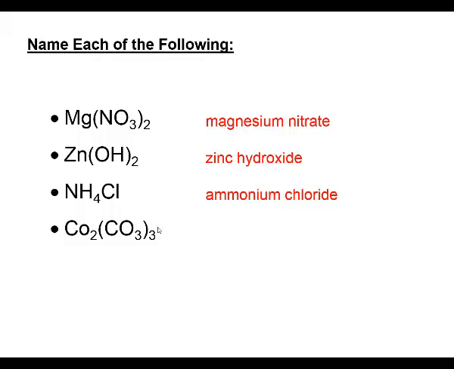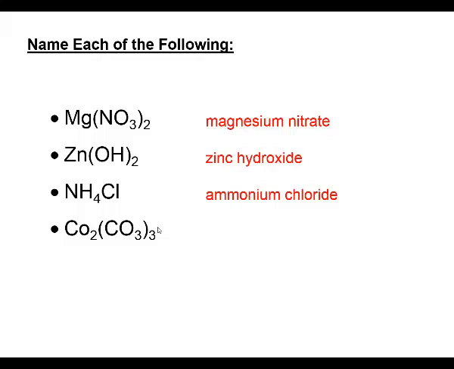Now carbonate has a -2 charge. So if you notice here, I could have 3 -2 charges. That would add up to a -6 total for the 3 carbonates. When I have multiple polyatomic ions, you'll also notice I'm putting brackets around the polyatomic ion and the number of ions shown as a subscript afterwards.